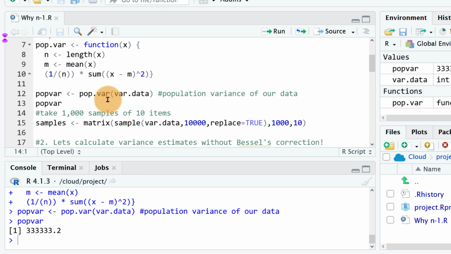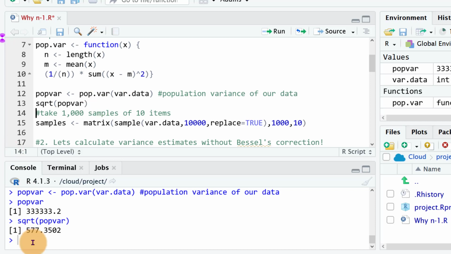Nothing much, really, but if we take the square root of that, we get the standard deviation. Standard deviation, about 577. That just tells us that it's a common deviation, a common distance from the average, that numbers in our data set are from the average, is about 577.